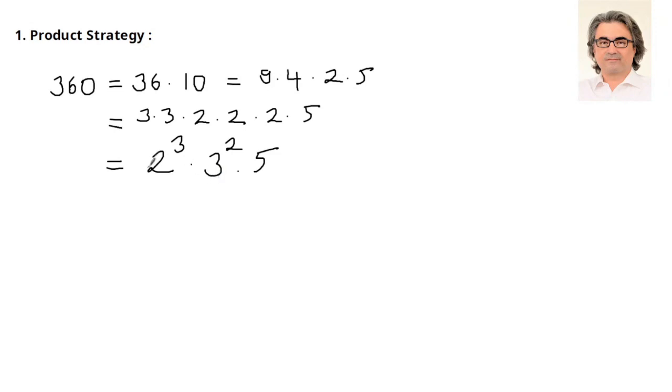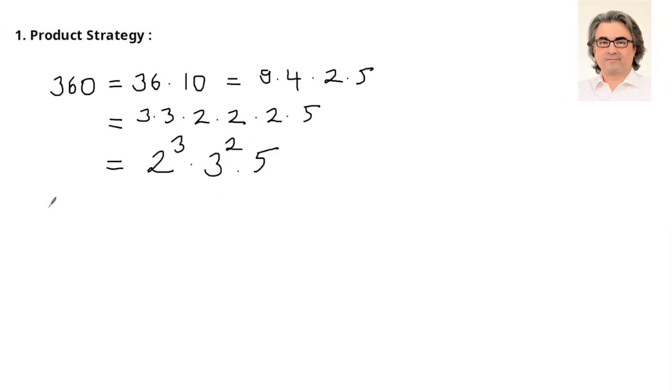This is the prime factorization of 360, and I made 360 by multiplying the prime factors, prime numbers 2, 3, and 5. I have 3 2's, 2 3's, and a 5 in multiplication. If you multiply 3 2's with 2 3's and 5, you will get 360.